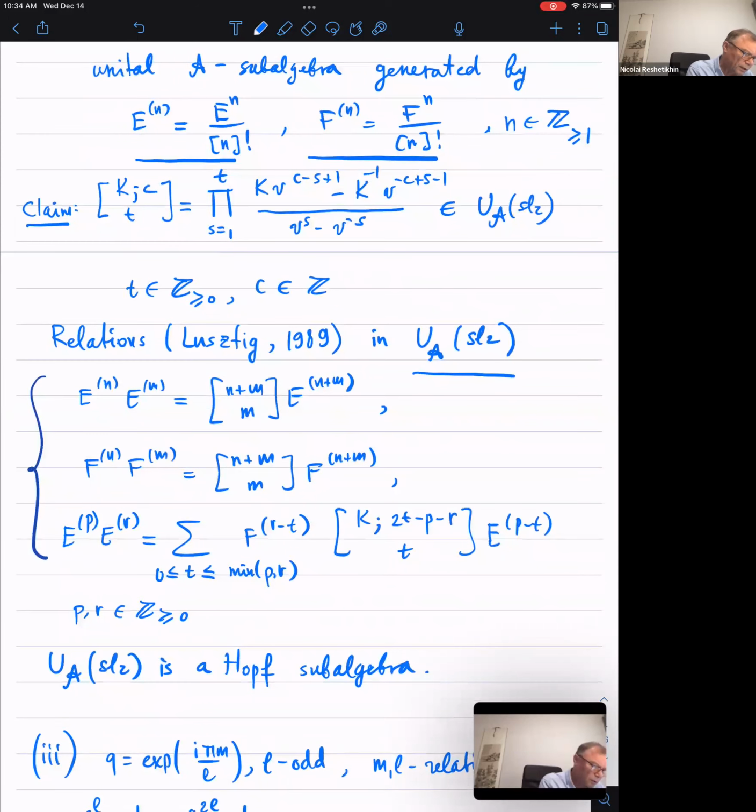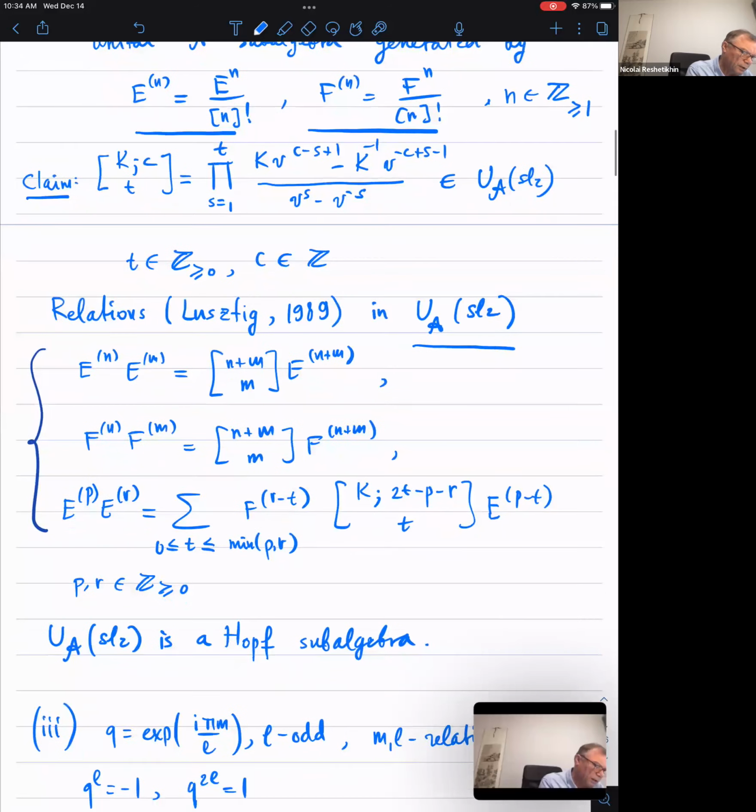I'll call it the algebra with divided powers. So it's these relations. Now I just want to emphasize that in this algebra, this E^(n) and F^(n), they are no longer divided powers. They're just generators. So here E^(n), F^(n) are generators, and these are the relations.